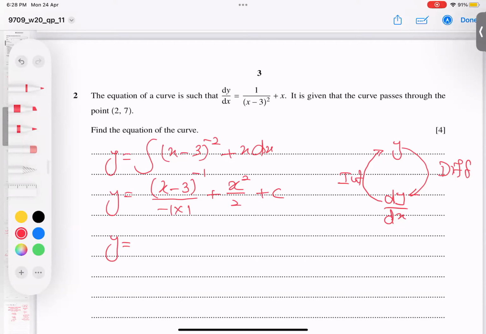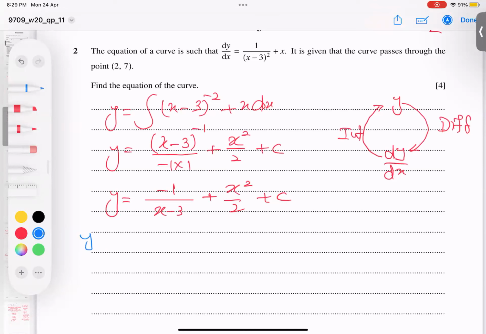So this whole power negative 1 will go in the denominator, it will look like this. This minus below or minus up. Look at here, I give an idea that 1 over negative 2 or negative 1 over 2, same story. So minus will come up, and plus x square over 2, and plus c. Now I'm saying put y equal to 7 and x equal to 2. I got it from here.